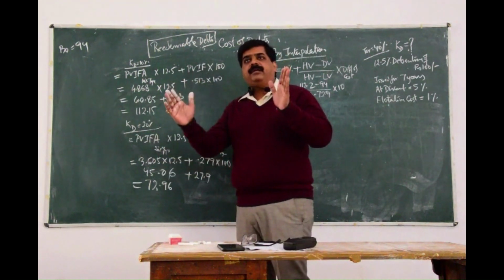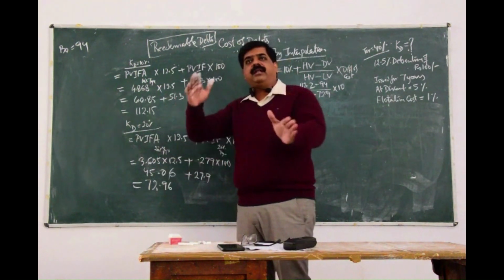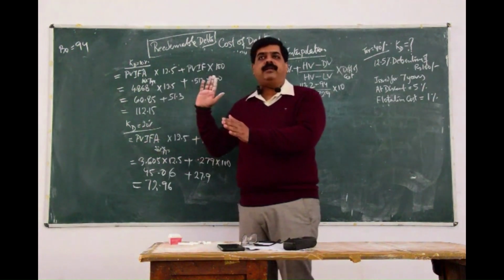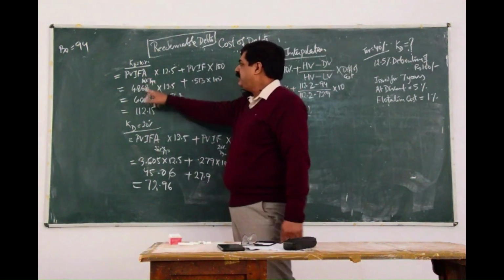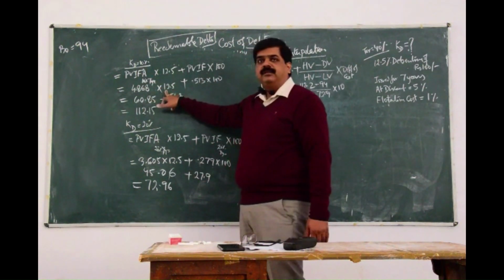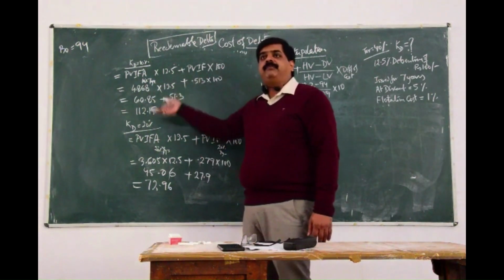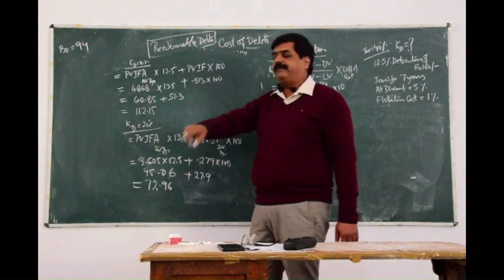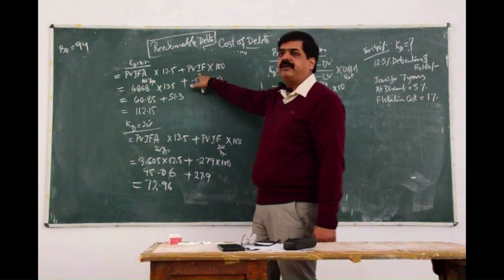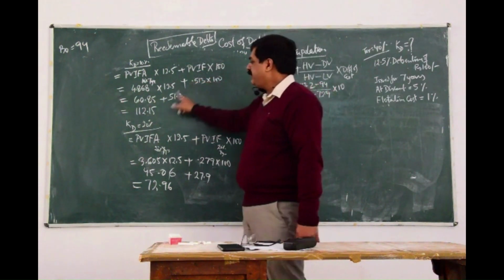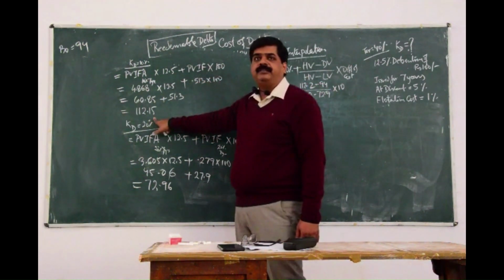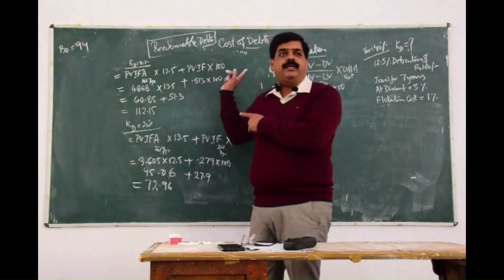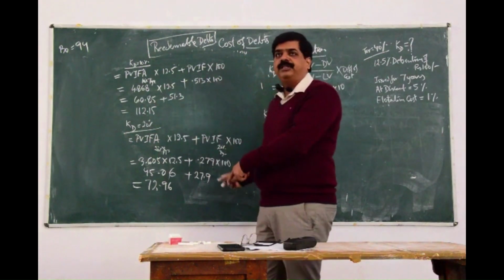For regular payments, annuity; wherever irregular starts, the simple present value table. So for 7 years it was regular, and in the 7th year itself the maturity was there, rupees 100, which became irregular, so we have taken the present value factor. We calculated and got 112 point something, which was the same as we calculated in the tabulation.